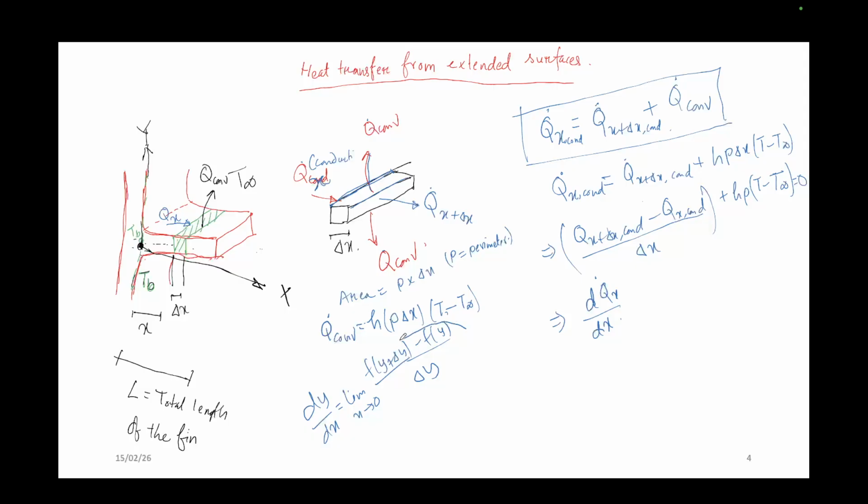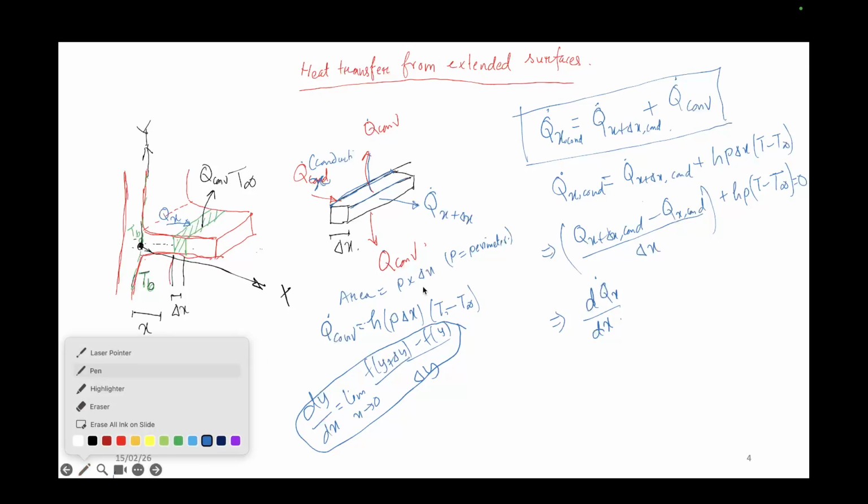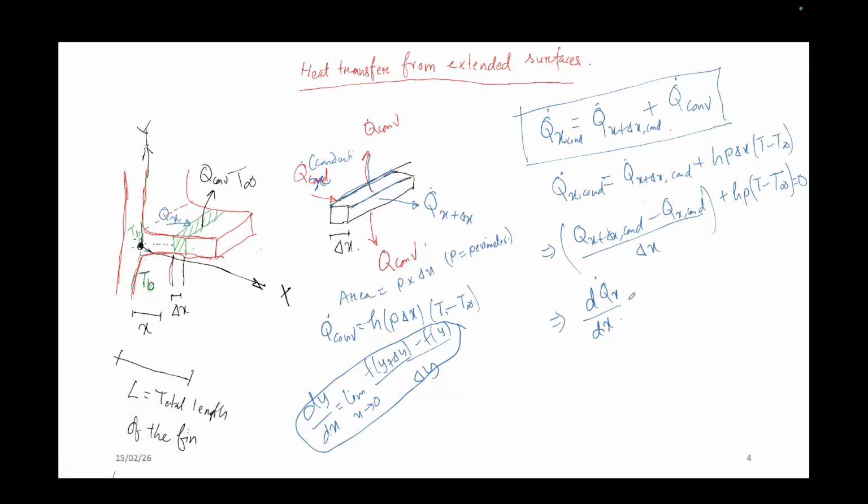So that thing you have studied in class 12, even in BTech. So I can write this in this format. So I just have to write hP, P is the perimeter, remember, T infinity, this is 0. Up to this any confusion?